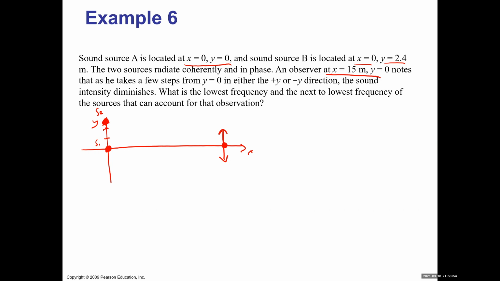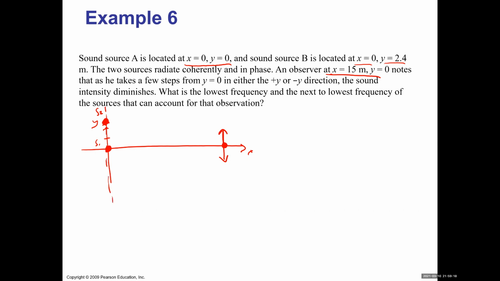Now we can assume that, because the intensity diminishes when moving up or down, the position the observer is at right now, x equals 15 meters, y equals 0, is a position of constructive interference. And the observer is moving parallel to the line through the sources, since both sources are on the y-axis.